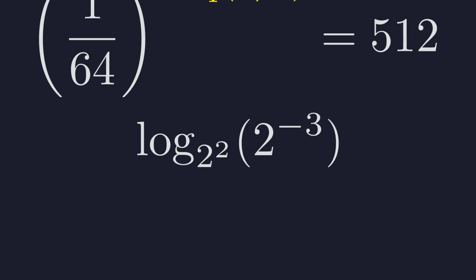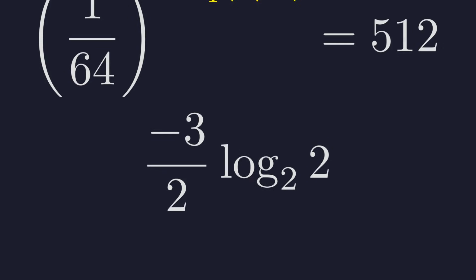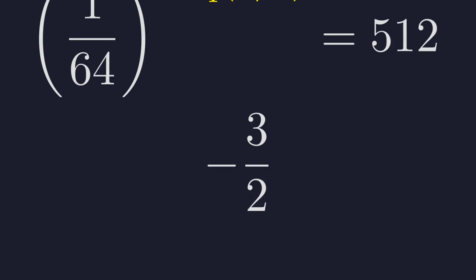Using a logarithm property, we can bring out the exponents. The exponent from the argument comes out as a multiplier, and the exponent from the base comes out in the denominator. This gives us -3/2 times the base 2 logarithm of 2. Since the base 2 logarithm of 2 is 1, the exponent is -3/2. Let us substitute this back.